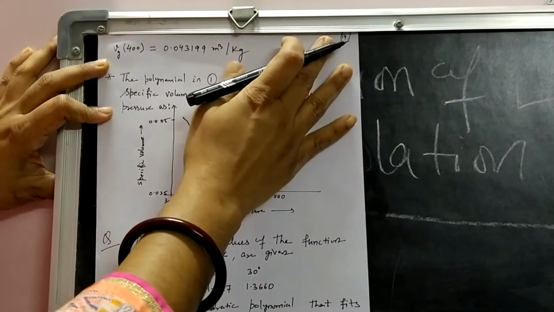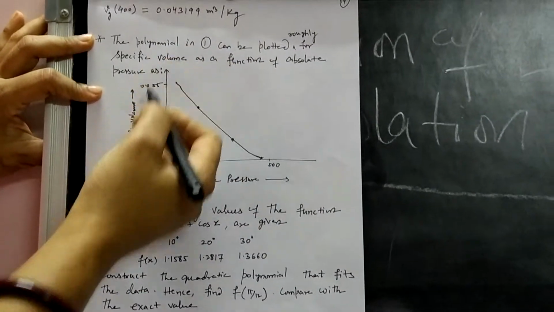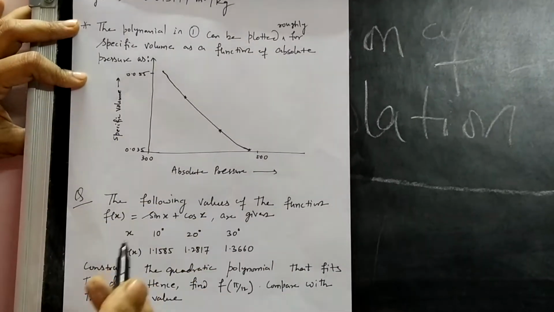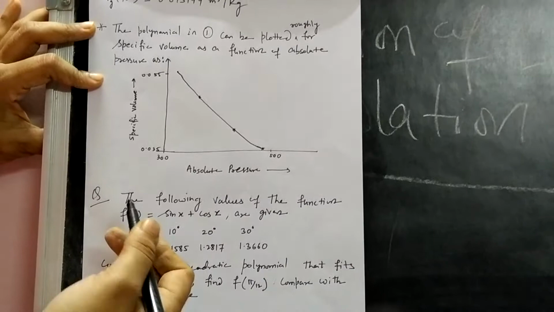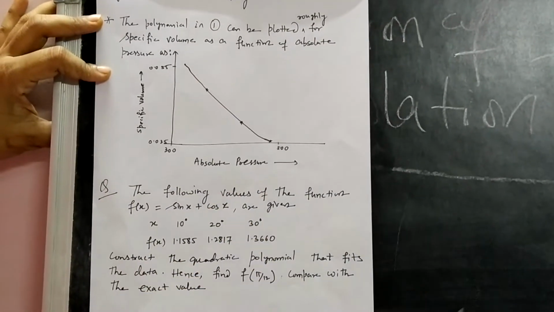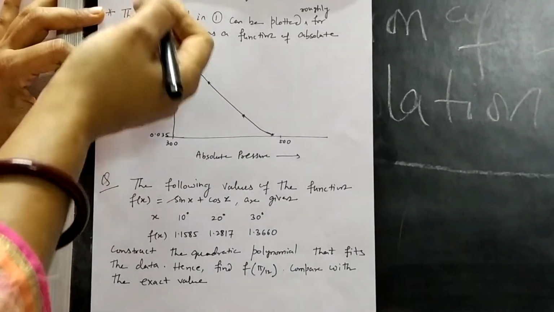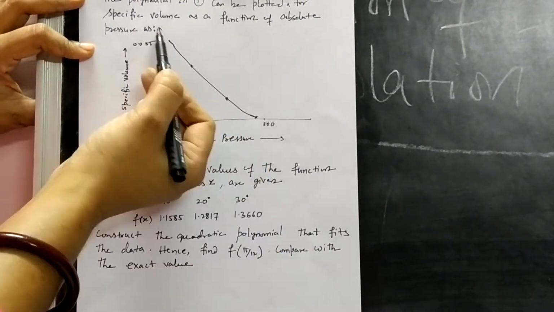Now since we have obtained the Lagrange interpolating polynomial, that can be plotted also. Any software you can use, because manually it will be difficult to plot such a polynomial, for example Mathematica or MATLAB. The plot for this particular problem will look something like this.